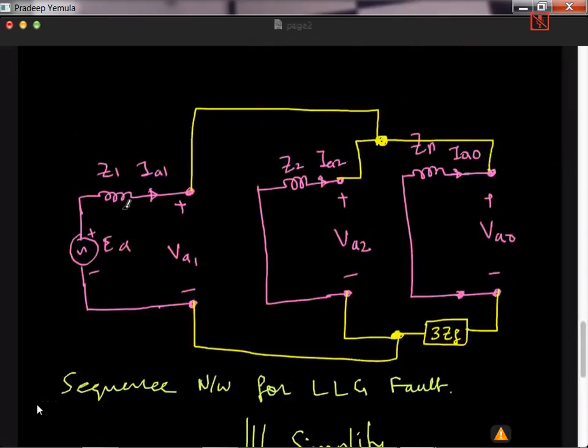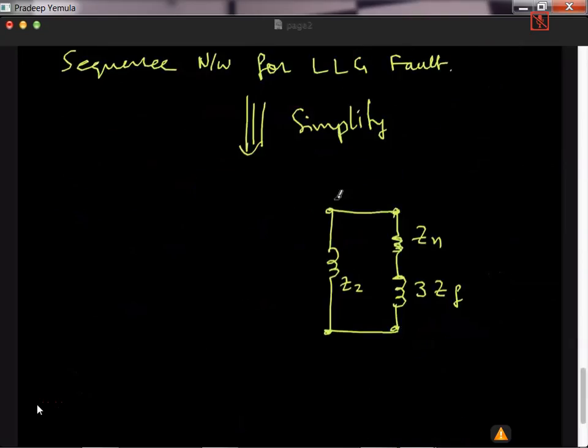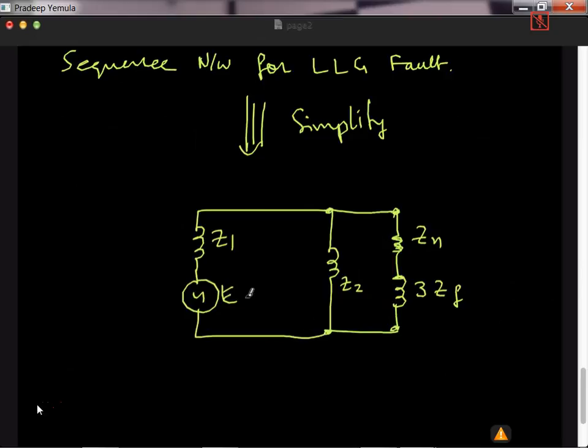Then here I have one EMF and one impedance. So this is Z1 and then one EMF, EA. So this current is IA1 and this current is IA2 and this current is IA0. Now given these values, can you find IA1, IA2, IA0? Of course you can find, it is very easy.